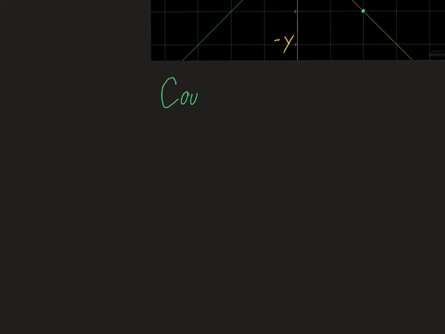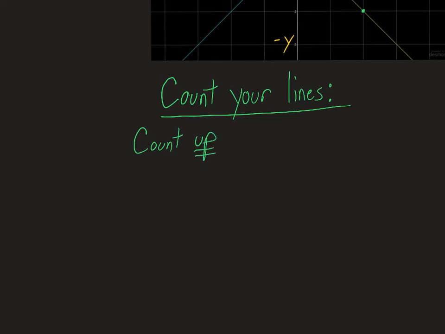When you count your lines, we will always count up, then over, or we'll count down, then over. Okay? The reason why is it's going to help you keep your numbers straight.